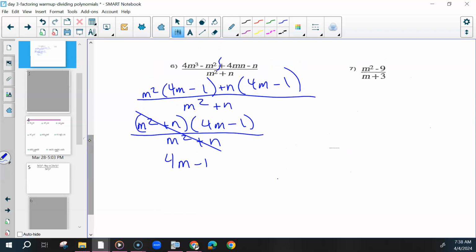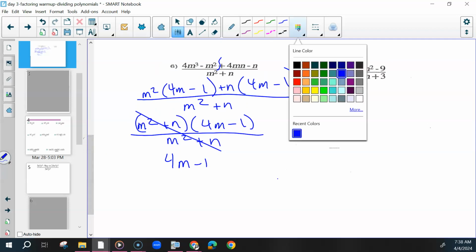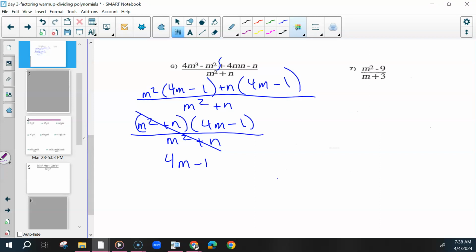And then for 7, we are going to use our difference of squares. How would we factor this numerator using our difference of squares? You might have to look back at your notes.